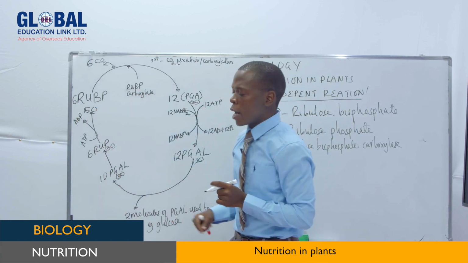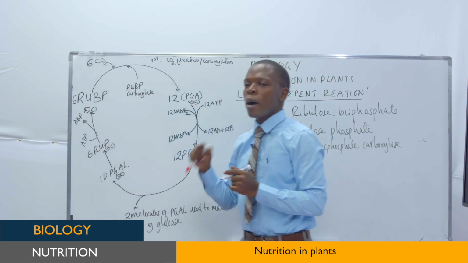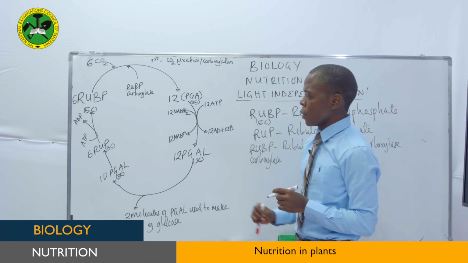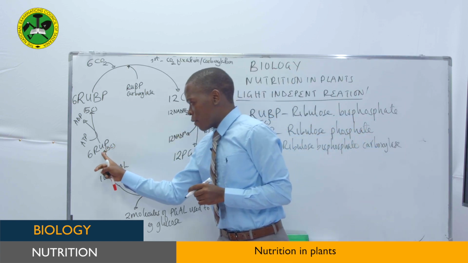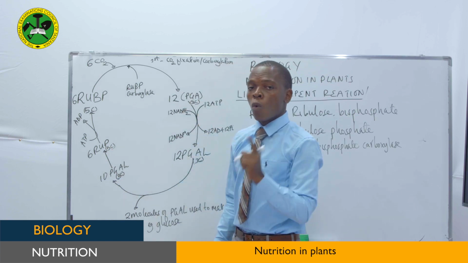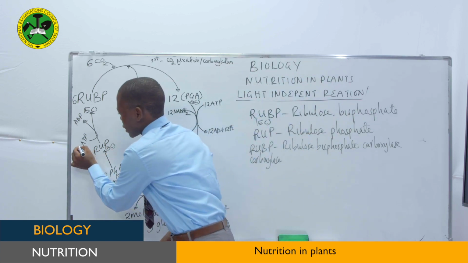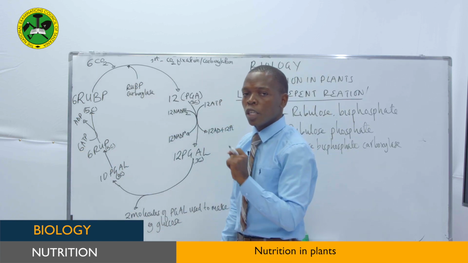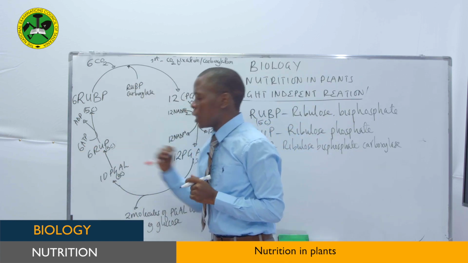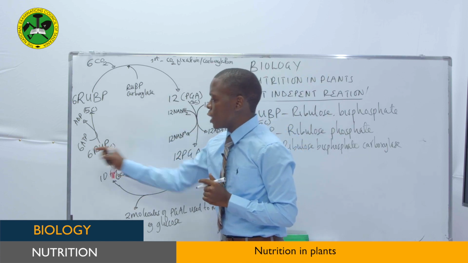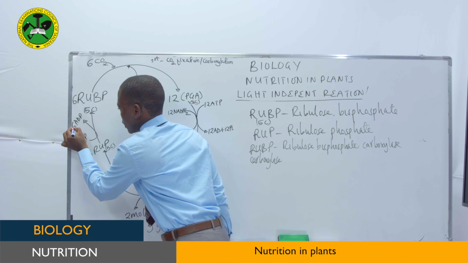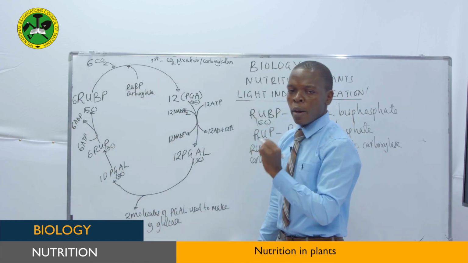The phosphate is added into this compound so as to form biphosphate, 2 phosphates. Because we have 6 RuP, we need 6 ATP, because each molecule needs a phosphate. Therefore, we need 6 ATP, and these 6 ATP will produce 6 ADP.